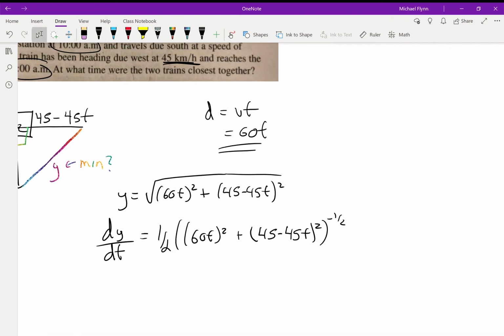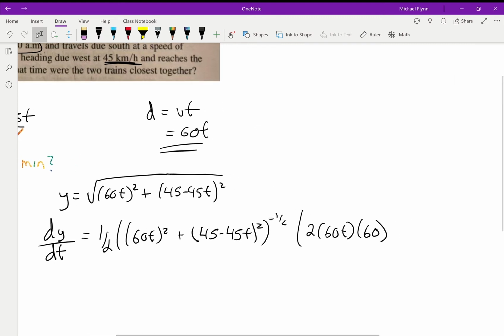And then you have to multiply using the chain rule. We multiply by the derivative of what's inside. So the derivative of the (60t) squared is 2 times 60t times 60, if you get that, okay? That's the derivative of that guy, okay? Now we're going to add the derivative of this guy.